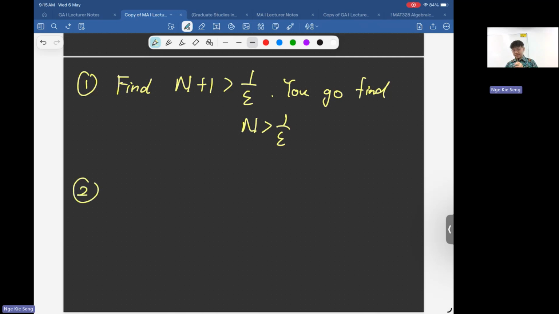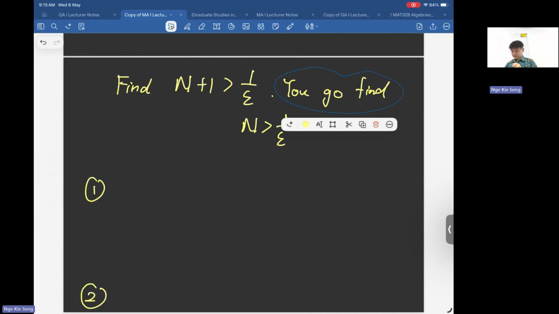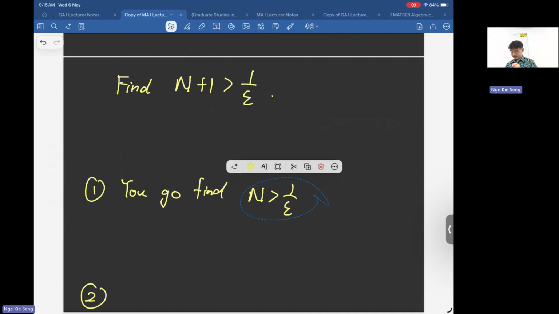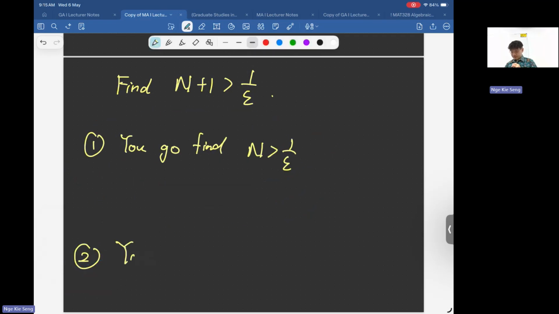The second is you go and find n. So maybe I should write it this way. Your goal is to find this. The first kind of person finds this, and the second kind of person finds this.